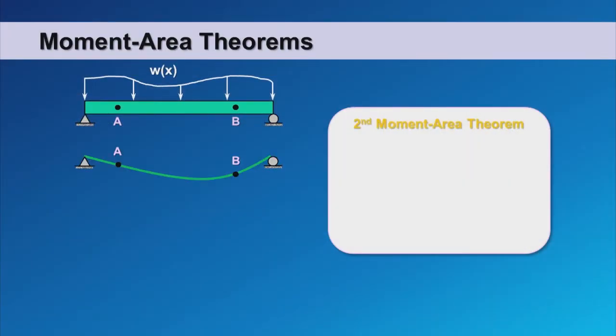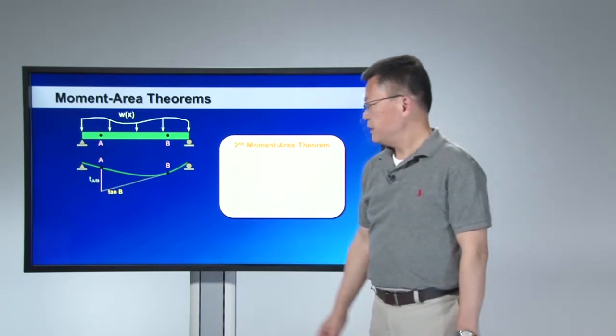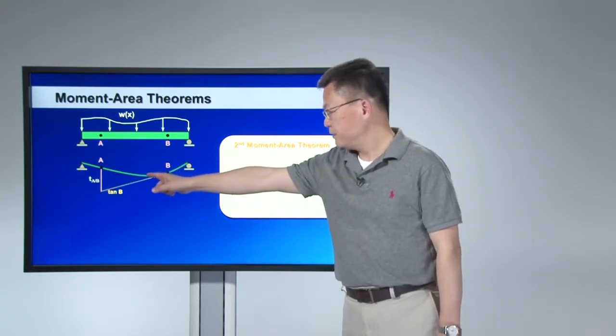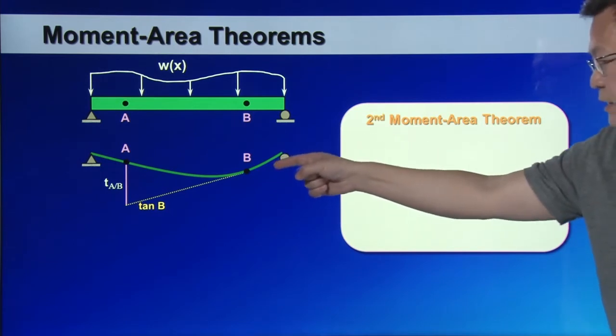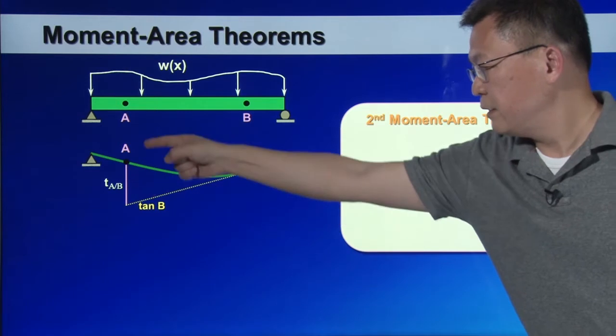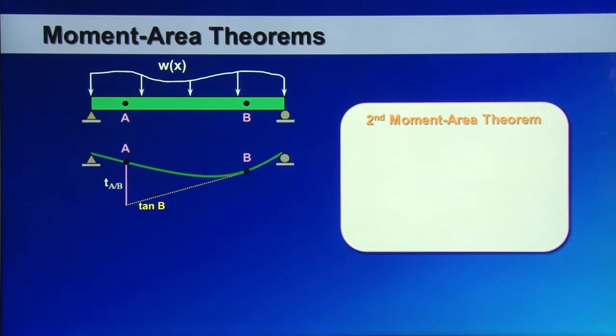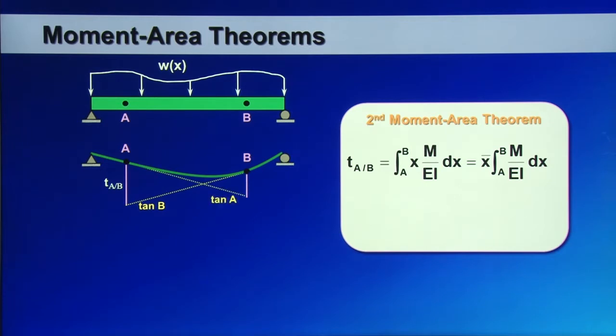So notice that this second moment area theorem is not reversible. So for instance, if I'm doing tA/B, which is the projected distance of the tangential line measured from B, and the vertical distance from A, this tA/B is not the same as the reverse, which is tB/A.